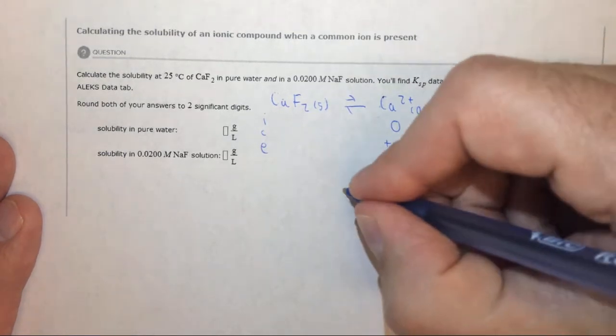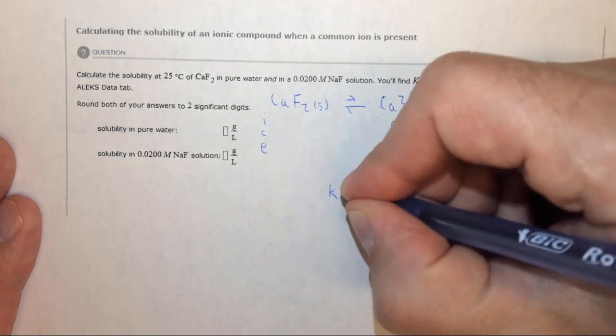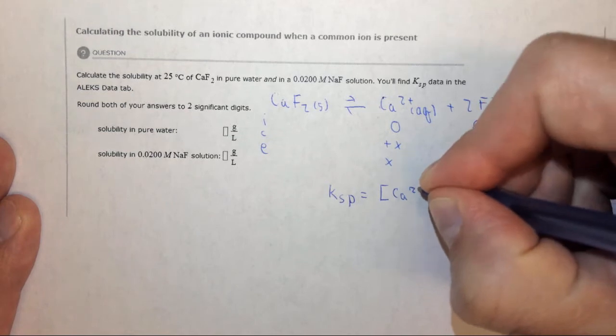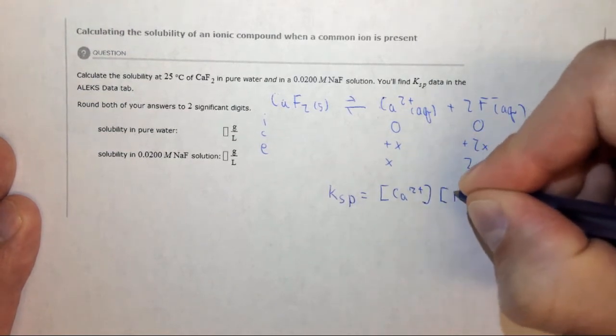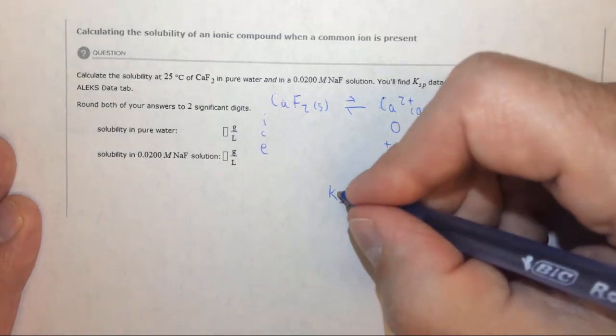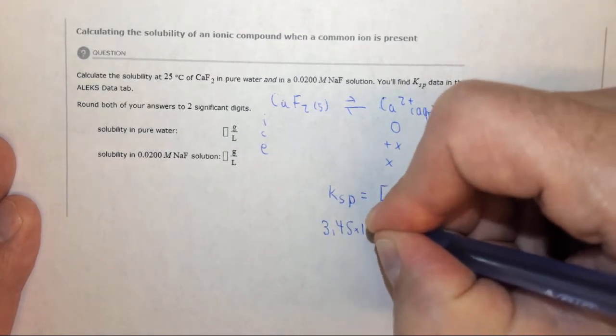So the Ksp, and I'm going through this fairly quickly because, again, it's a very similar problem. The Ksp equals the concentration of Ca2+ times the concentration of F- squared. Plugging in the Ksp, which we look up, is 3.45 times 10 to the minus 11.